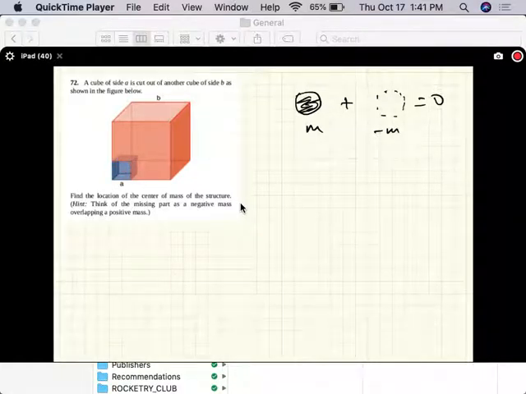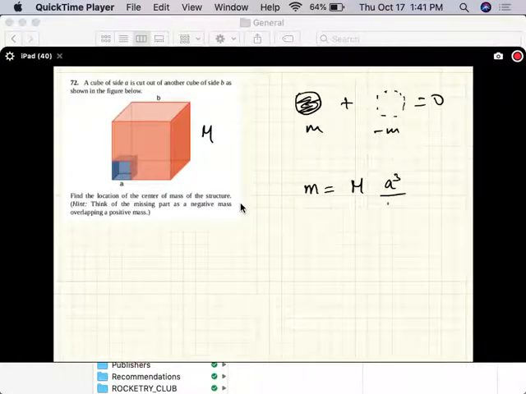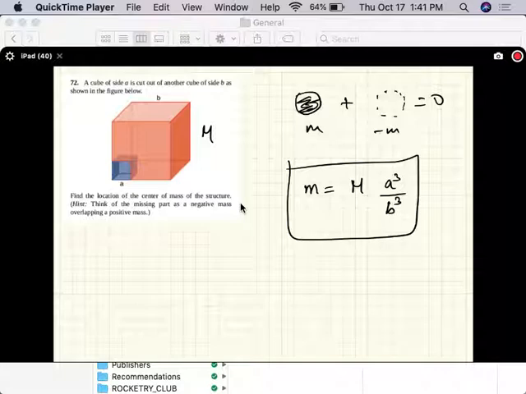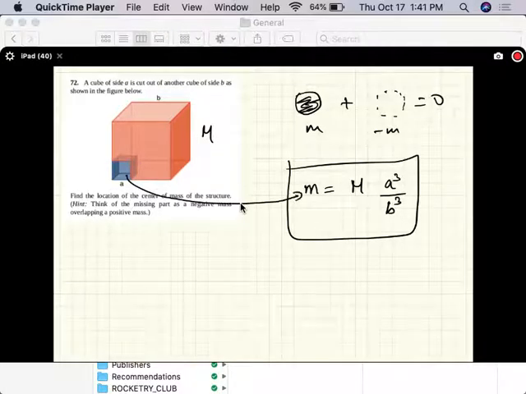So let's call the mass of the whole cube M. The mass of the little cube would be the mass of the whole cube times the volume ratio. That would be the mass of this cube if you had a cube that size made out of the same material. Okay, so now you have two objects.